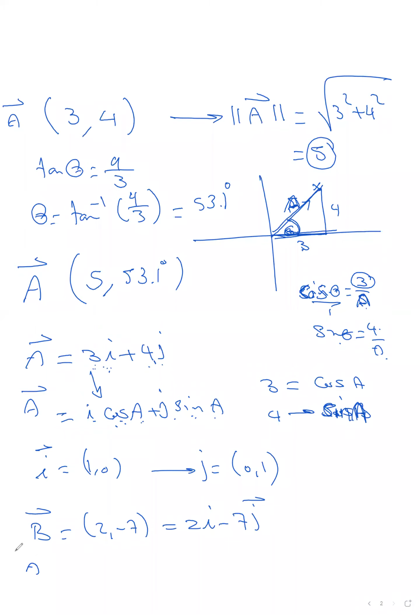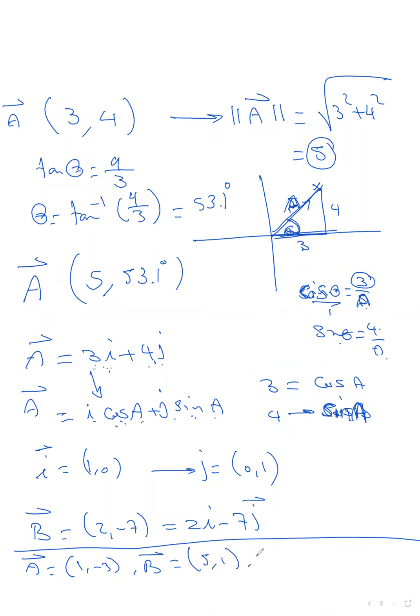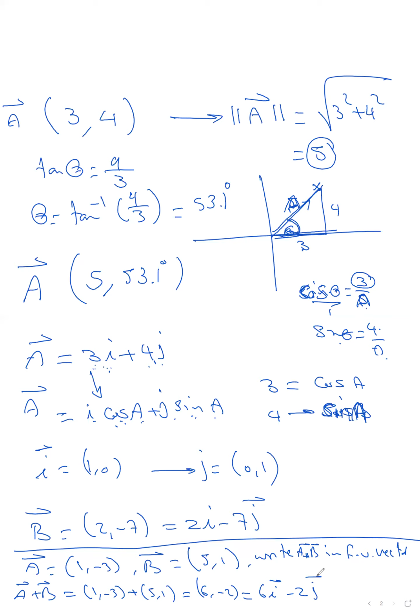لو عندنا مسألة تانية ال A equals 1 and negative 3 وال B equals 5 and 1. بيقول write A and B in fundamental unit vectors. خدناها قبل كده. يبقى A plus B as vectors 1 and negative 3 plus 5 and 1. يعني معناها 6 and negative 2 will be 6 in direction of x-axis minus 2 in direction of y-axis. يعني you can write the vector as a fundamental unit vectors.